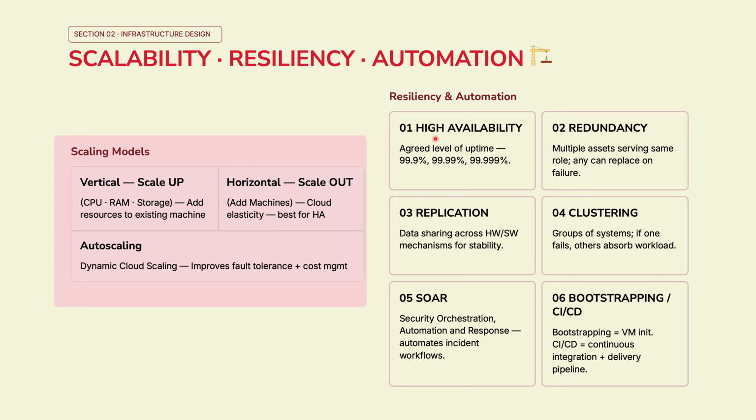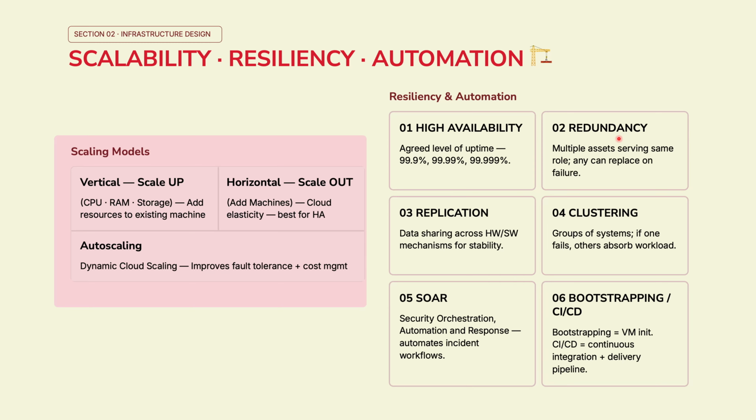High availability is measured as a percentage of uptime. 99.9%, they call it the three nines, allows approximately 8.76 hours of downtime per year, while the last one, the five nines, allows only 5.26 minutes. The level required depends, of course, on the SLA and the business requirements.